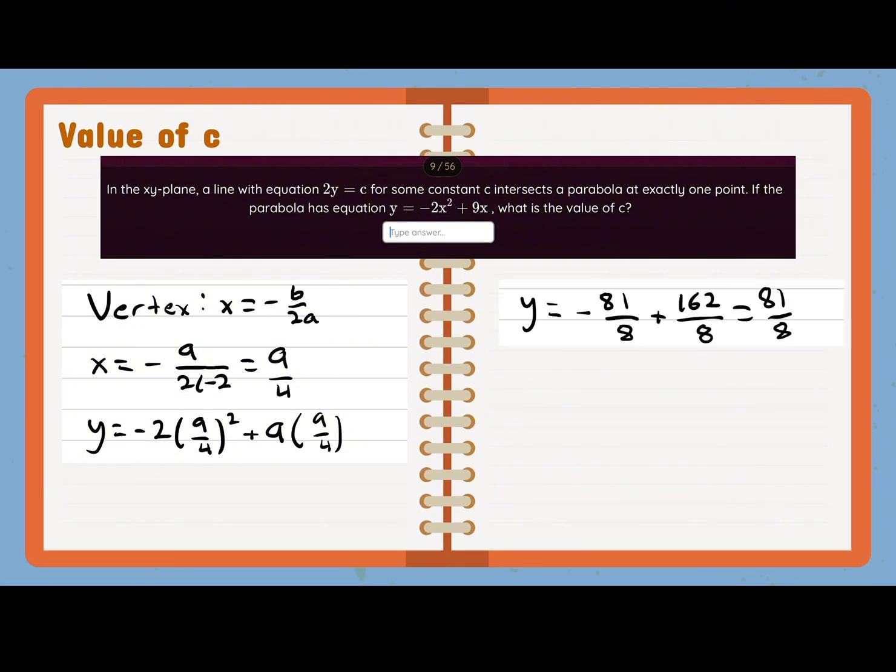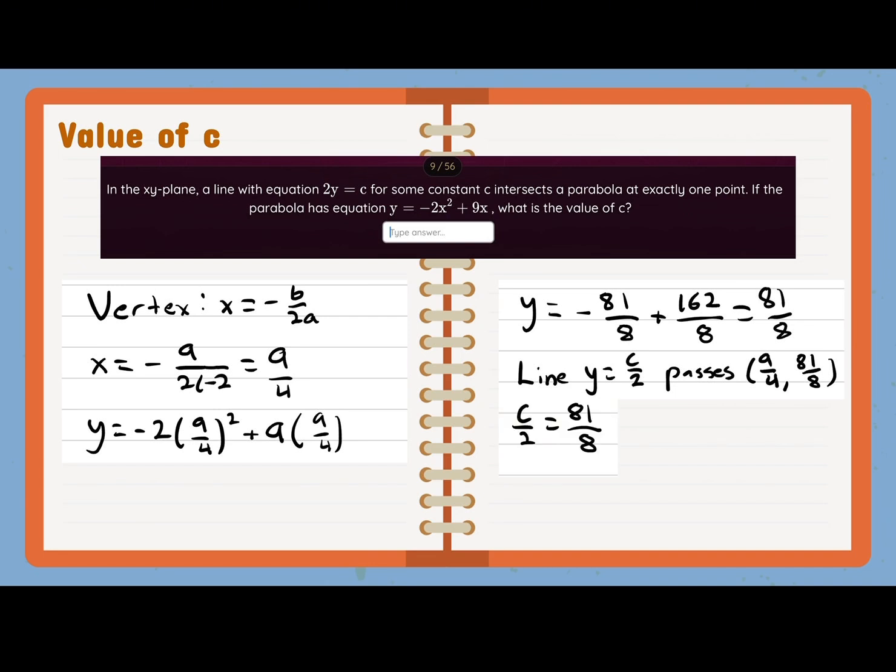And once you simplify, you'll end up with y equals 81 over 8. And that's how we know how to find c. Because we have our line y equals c over 2 passing through our vertex, meaning to find that value of y, we just find that c over 2 equals 81 over 8, with c being 81 over 4.